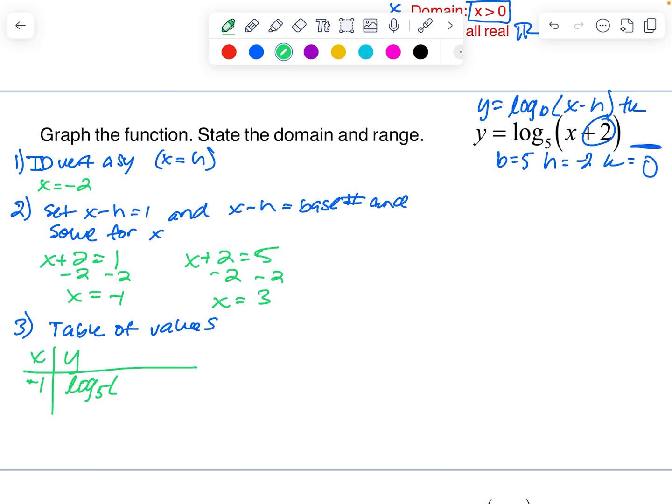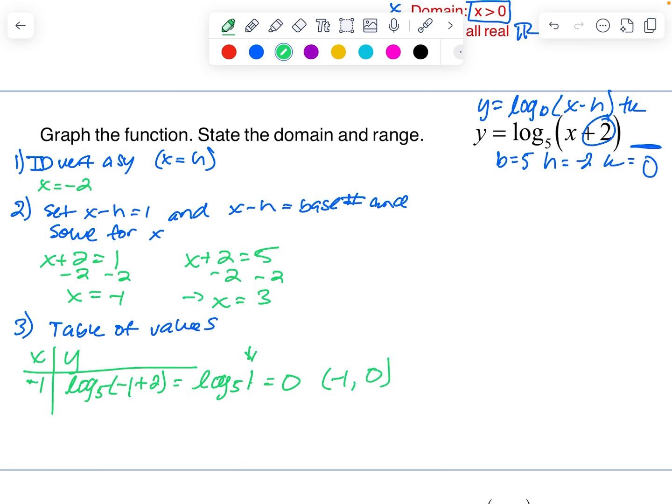Log base 5 of negative 1 plus 2, which is going to give me log base 5 of 1. Anytime we take a log of 1, we know that our answer is going to be 0. So we just found the point -1, 0.